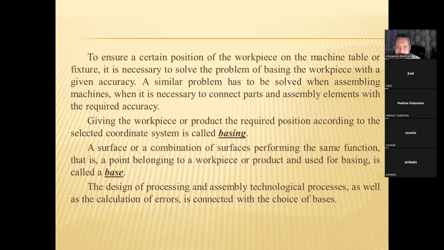Please write down these sentences in your notes. Basing is giving the workpiece or product the required position according to the selected coordinate system. It's basing.